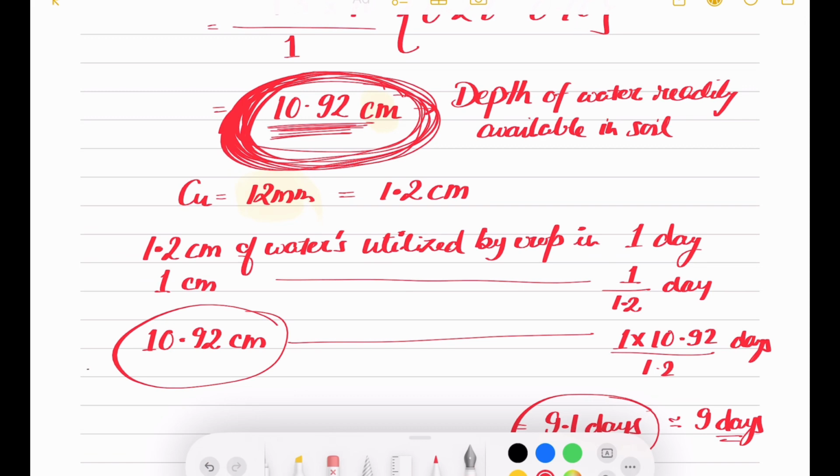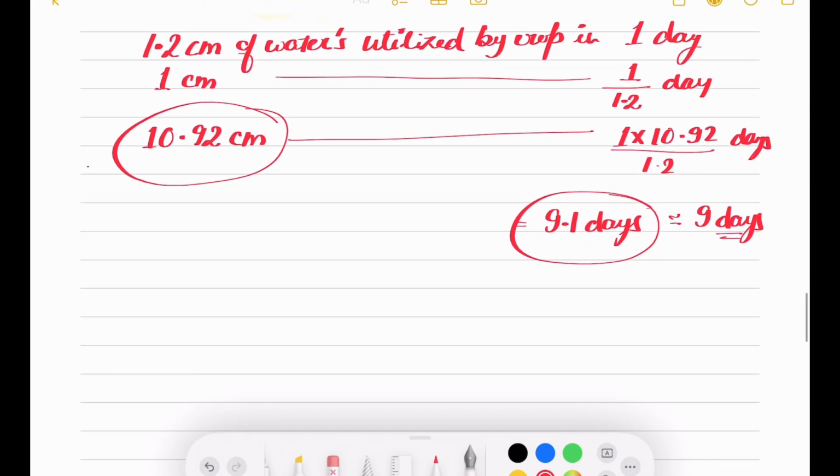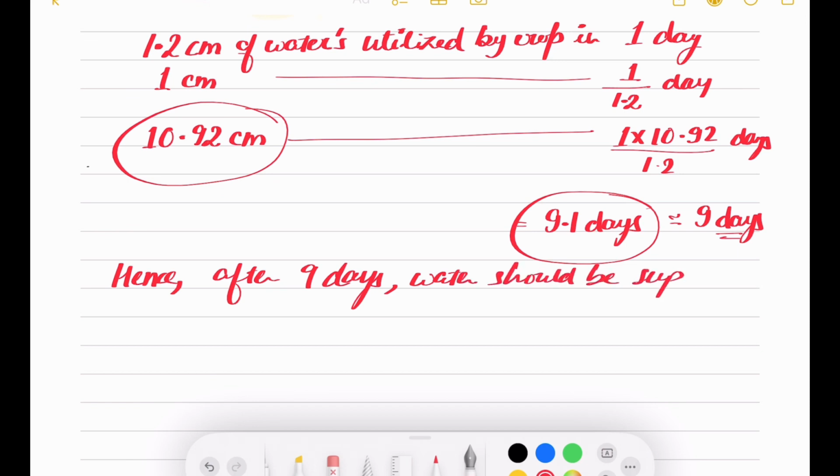So we can say that hence after 9 days, water should be supplied to the given crop.